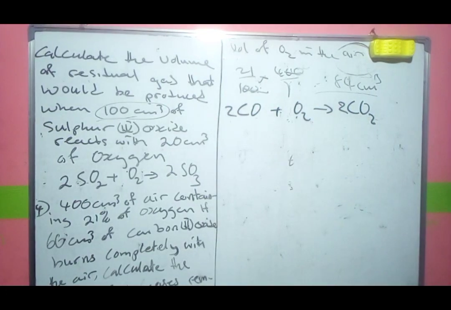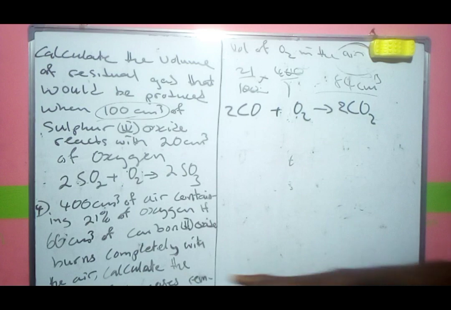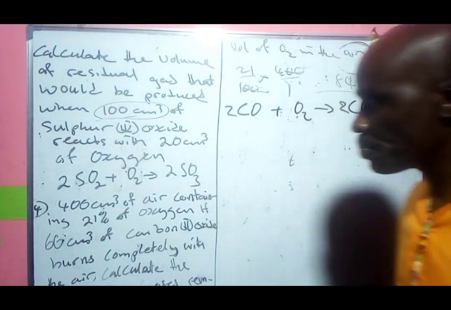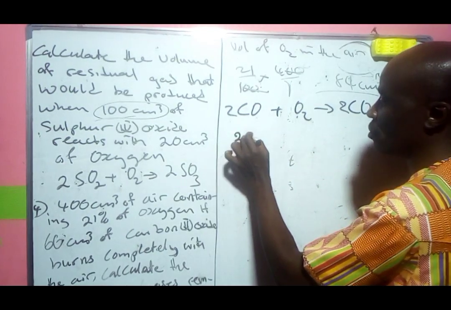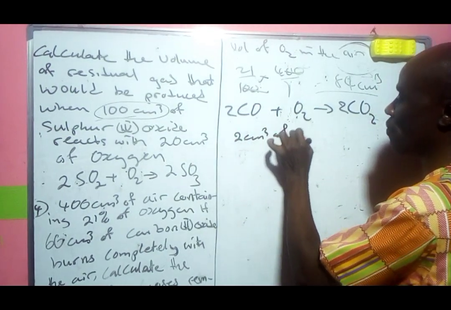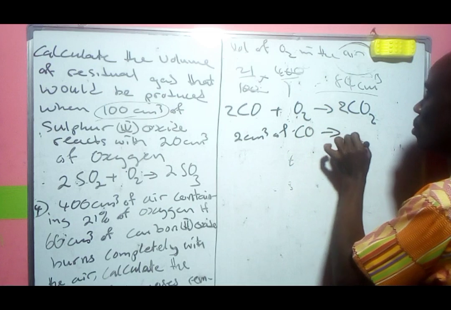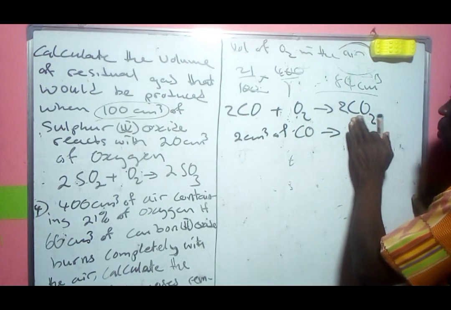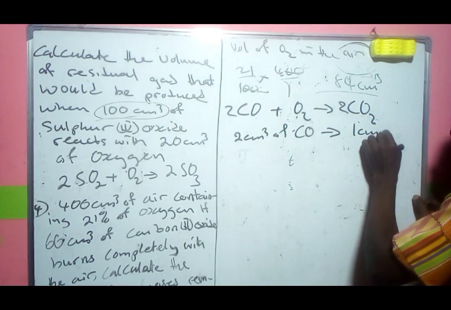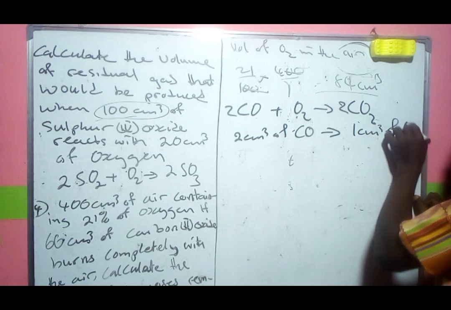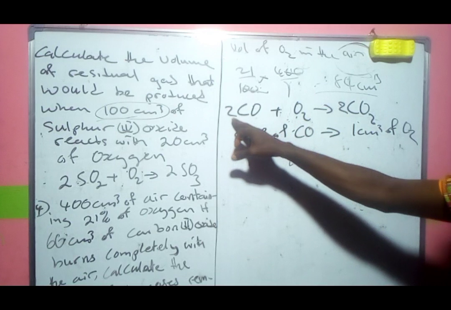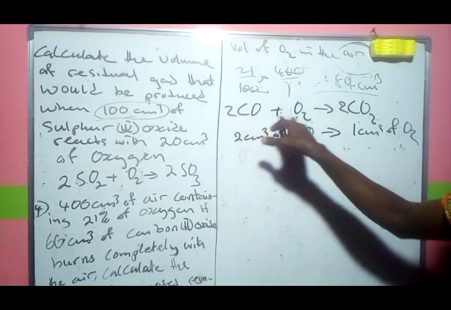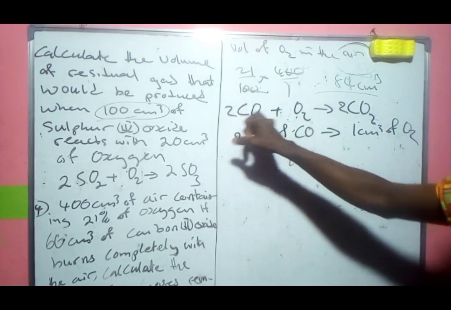From this reaction, 2 cm³ of carbon(II) oxide will react with 1 cm³ of what? Oxygen. Now, how do I get this? From the simple ratio of their coefficients, 2 is to 1.